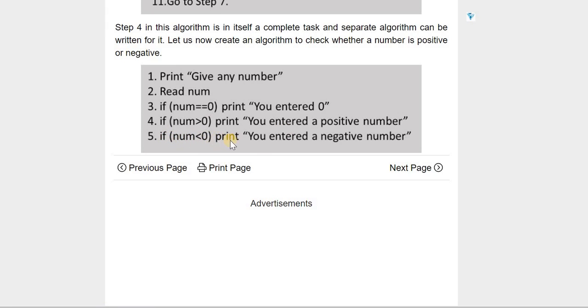Else, if the number is less than 0, print the entered number is a negative number. So have you understood that? So this is a step-by-step procedure to check whether a number is positive or not. So this is the algorithm for checking whether a number is positive or not. So I think you have understood now what is an algorithm.